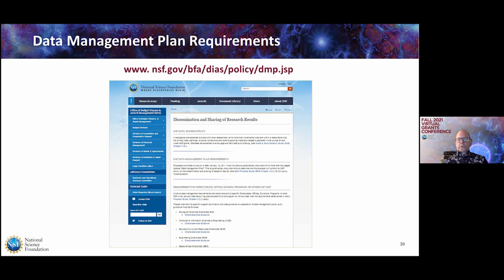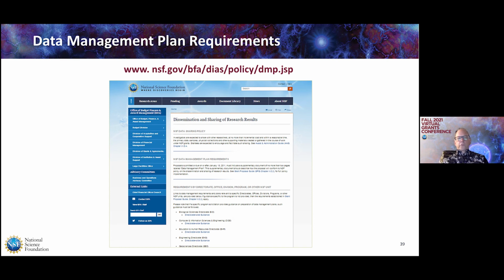About what goes into a data management plan are addressed on a website that's listed here. And in general, it describes what the dissemination and sharing of research results means, and what that means to, for example, the various directorates at NSF that have provided some information. As you will learn throughout this grants conference, there are policies that NSF program officers, NSF programs must follow.